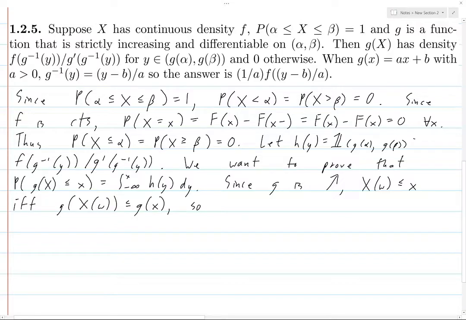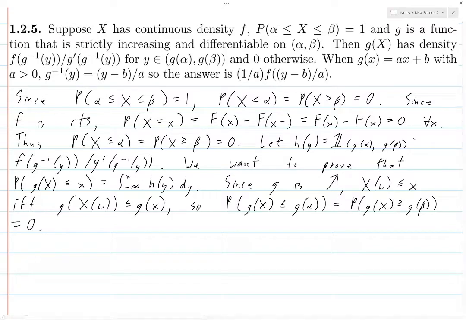Okay, so the probability that g of X is less than or equal to g of alpha is precisely the same as the probability that g of X is greater than or equal to g of beta. These are both equal to 0, because you just get rid of the g's, and then you are back to the probability of X being less than or equal to alpha and the probability of X being greater than or equal to beta.